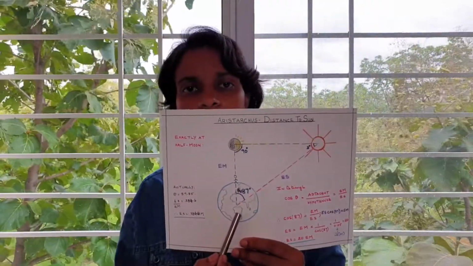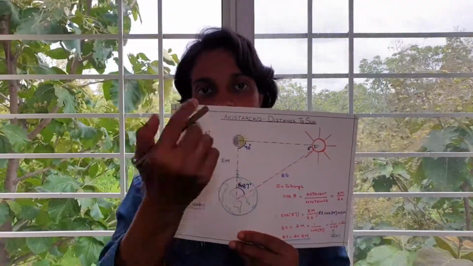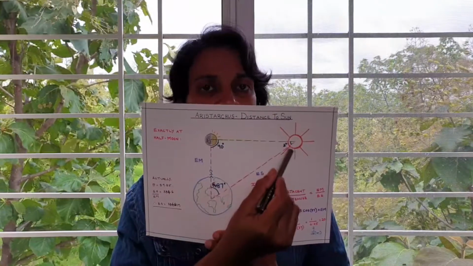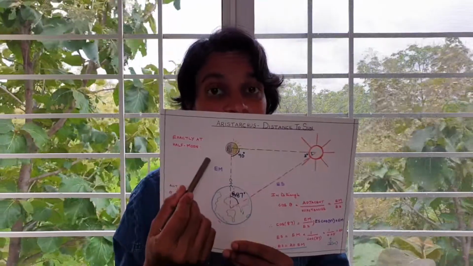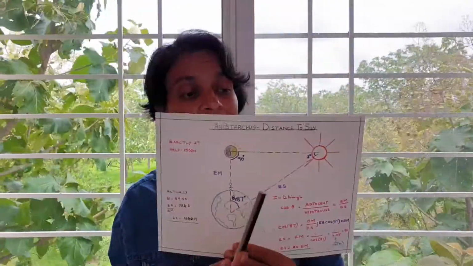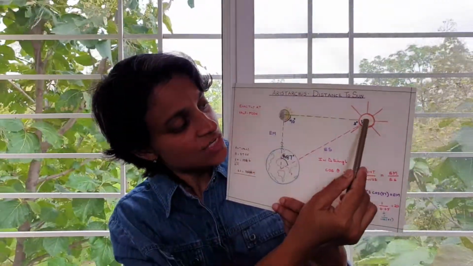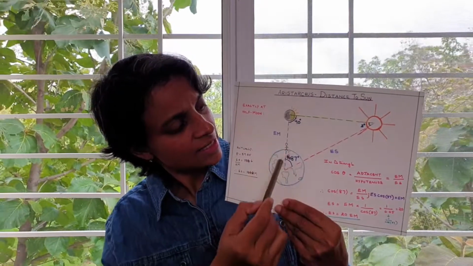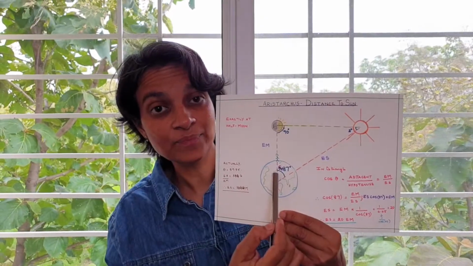Now, Aristarchus noticed that exactly at half moon, that is when a person is standing on Earth and looking up at the moon, and the moon is half lit, the rays of the sun that are incident on the moon are in a straight line, and the triangle that is formed by the rays of the sun on the moon, the rays of the sun on the earth, and the distance between the earth and the moon is a right angle triangle.